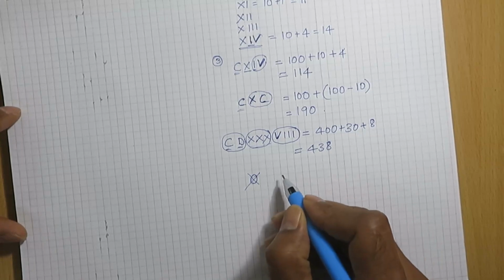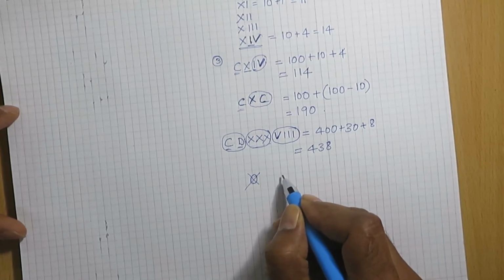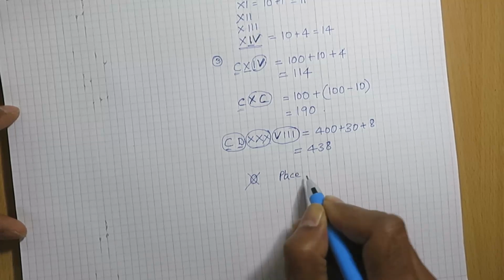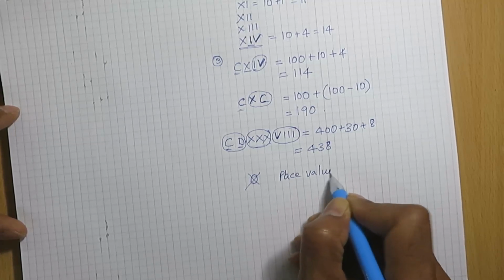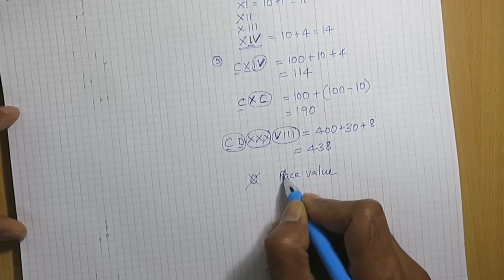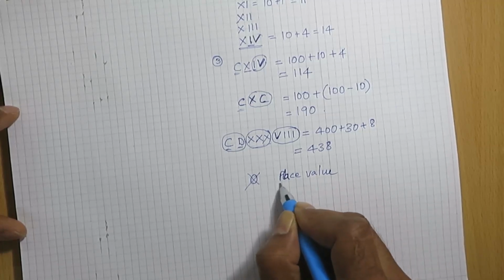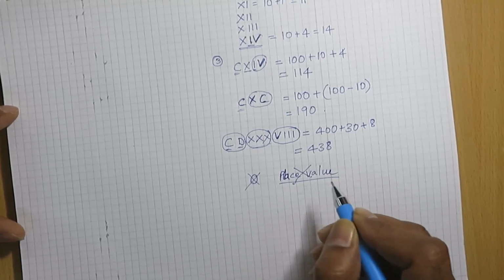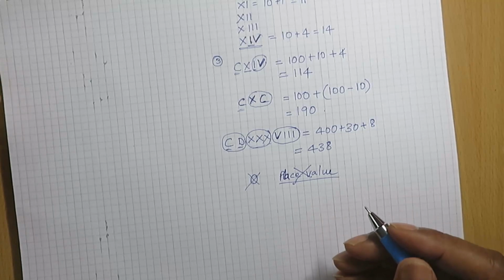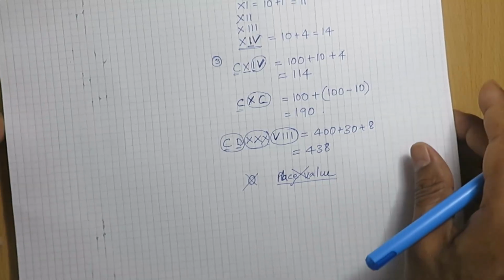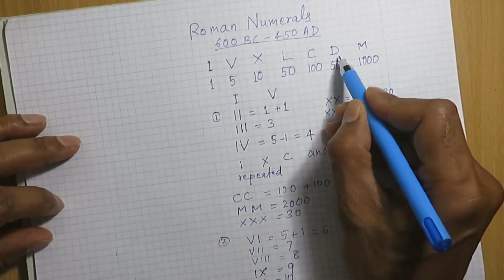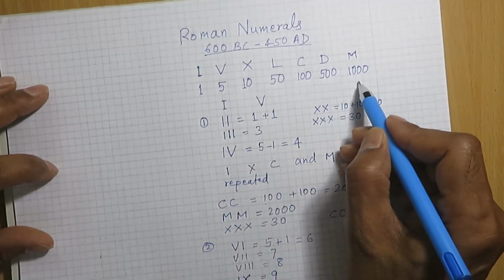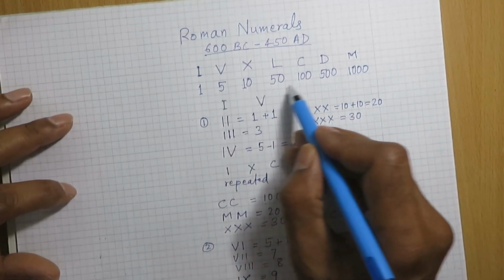Another thing you must have observed is that in the Roman numeral system there is no place value. We had learnt about place value, but in the Roman system there is no place value. So there is no 0, there is no place value. The numbers are represented by letters, and there are only 7 letters. They represent these small and large numbers, and all other numbers are made using these.